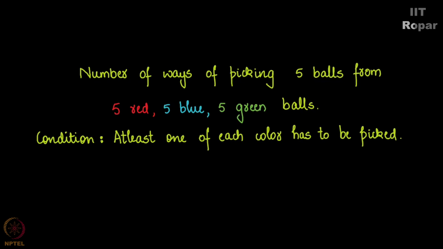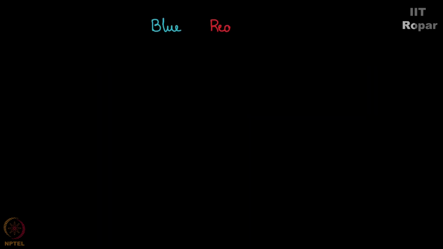So the 3 colors of the balls, blue, red and green, and I'm now going to write the valid possibilities for picking 5 balls. So there must be one of each color. So this is the blue column, this is the red column and this is the green column. So 1 blue, 2 red, 2 green. This is valid.